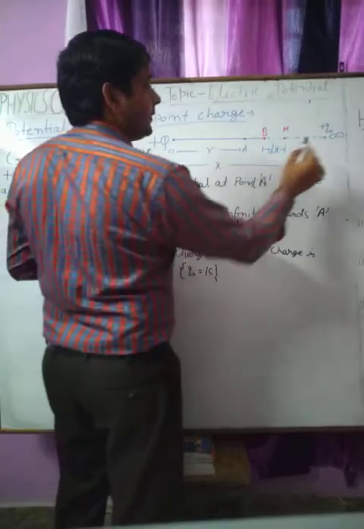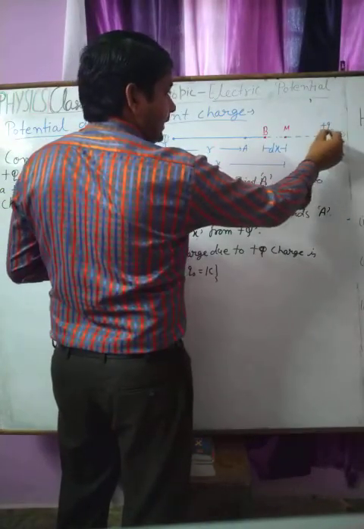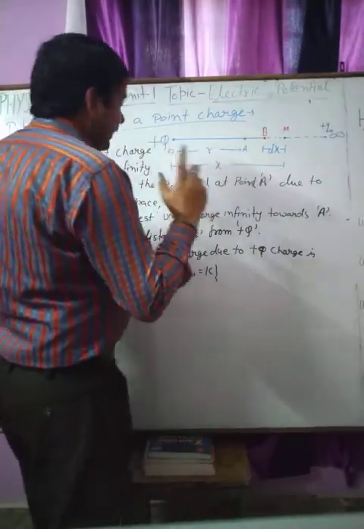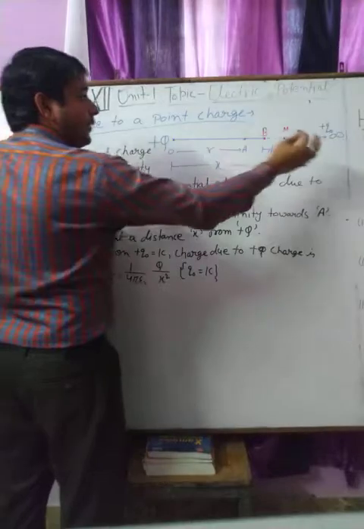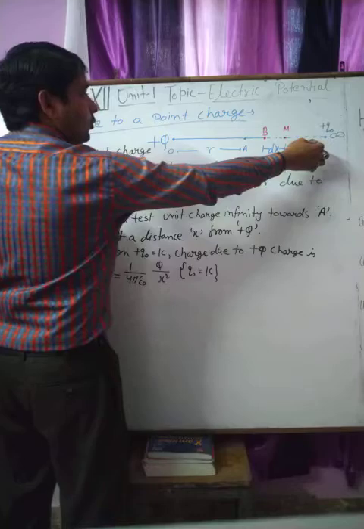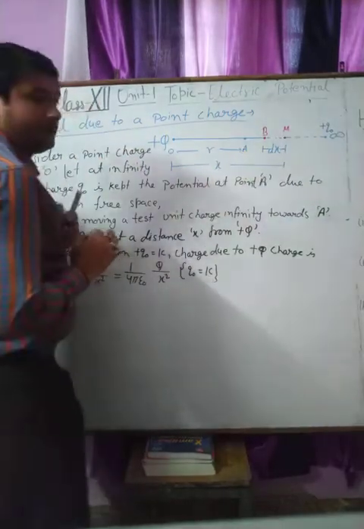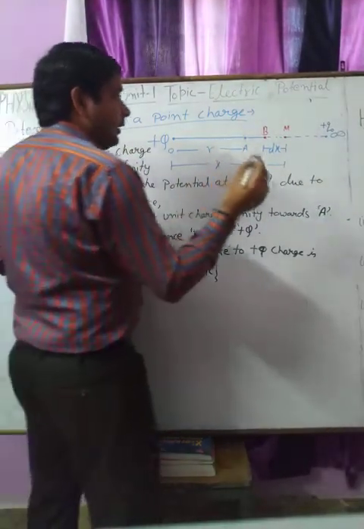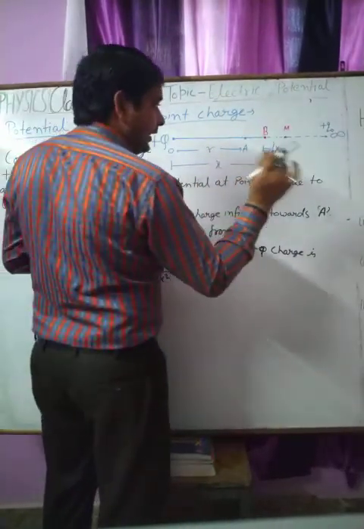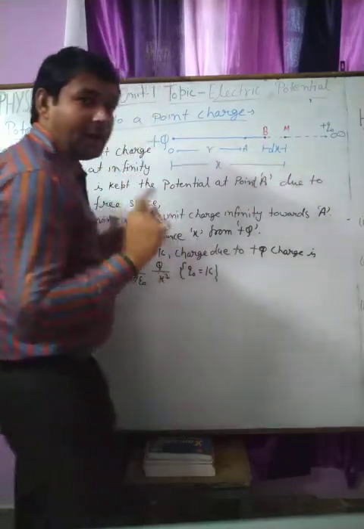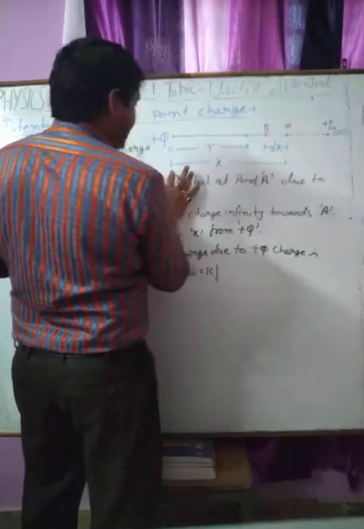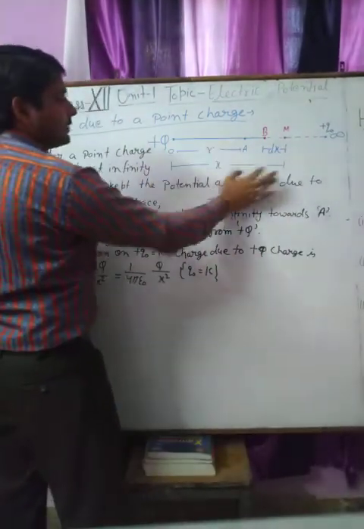Let a test charge q naught be placed at infinity, and when we try to move this positive test charge from infinity towards point A, in between infinity and point A we take a point M, and the point M is at a distance of x from the charge.